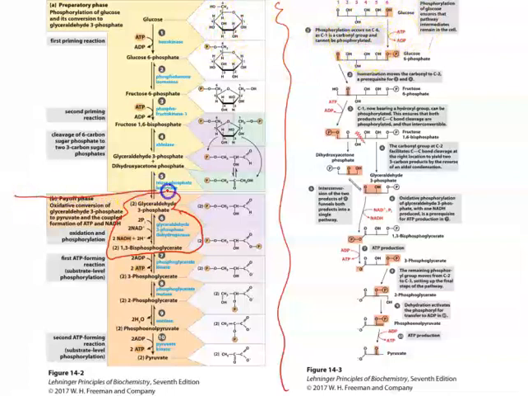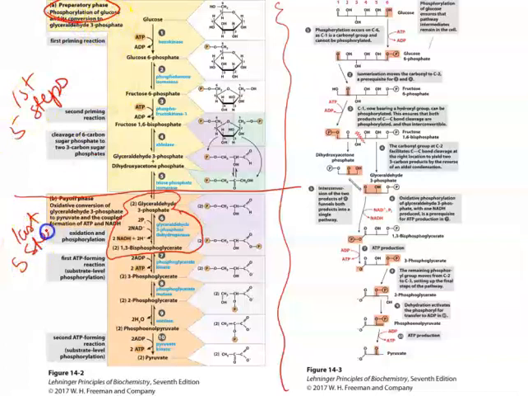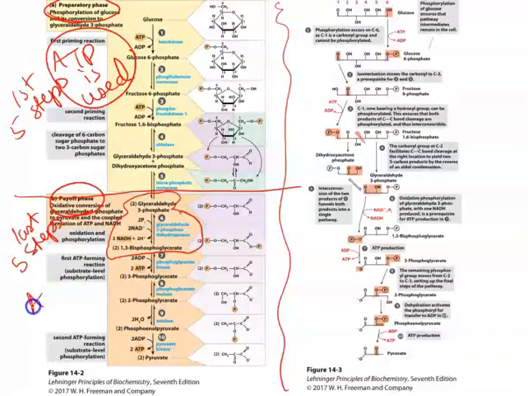So glycolysis has 10 steps, and the first 5 steps are referred to as the preparatory phase. The last 5 steps are referred to as the payoff phase. So in the preparatory phase, ATP is used, and in the last 5 steps, ATP is formed.